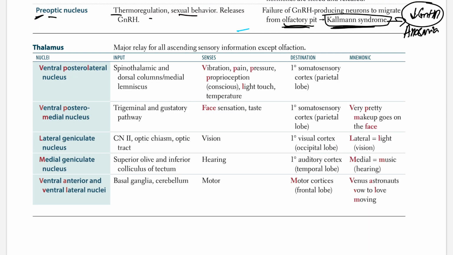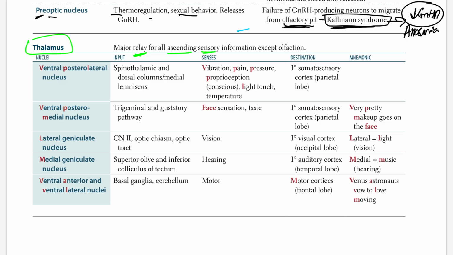Alright, now let's talk about the thalamus. Thalamus is a major relay of all ascending sensory information. Look at this wording, very high yield.